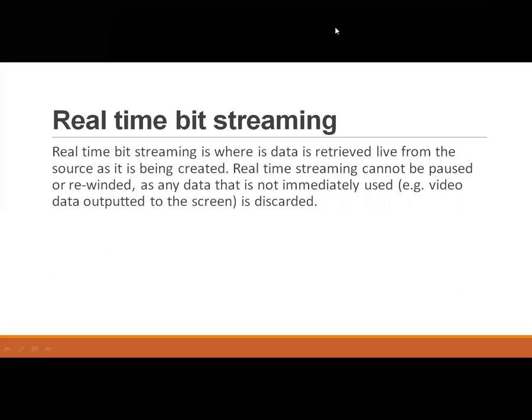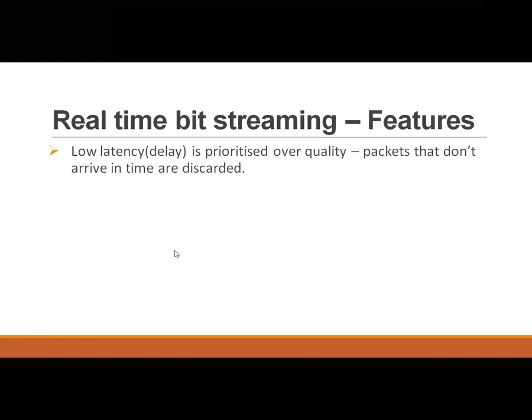In real-time bit streaming, the latency, meaning the delay, is always prioritized over quality. It means we don't want our video to lag, we don't want our video to stop, so we are going to compromise on quality.